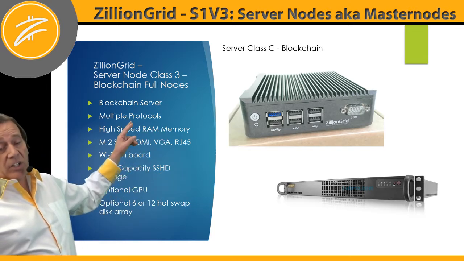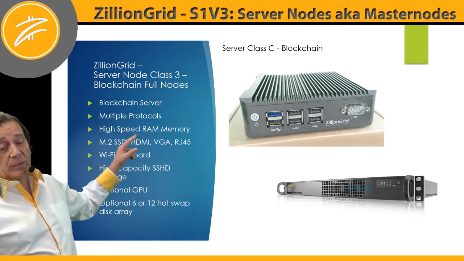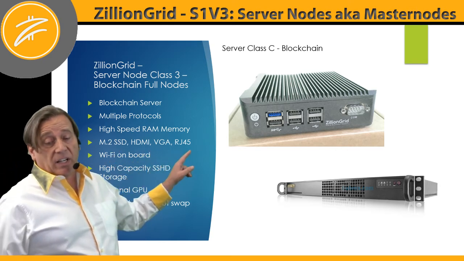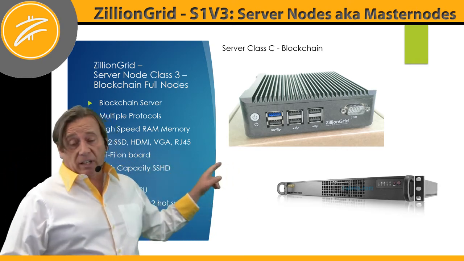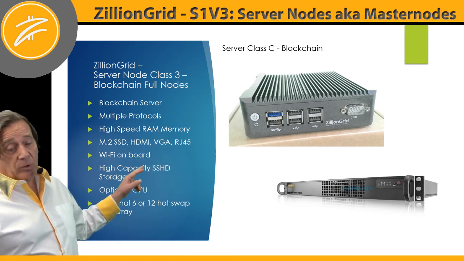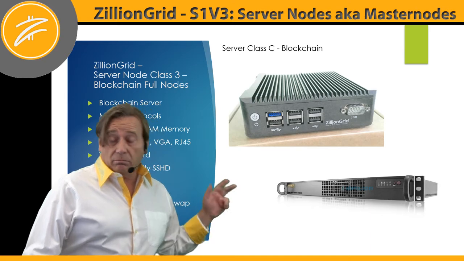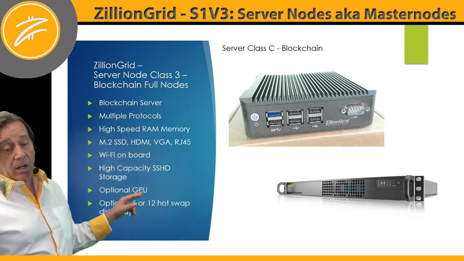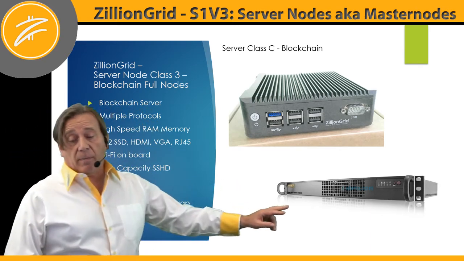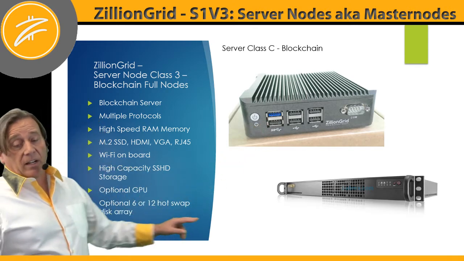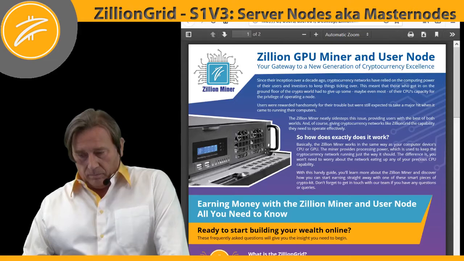So these are blockchain full nodes, multiple protocols, high-speed RAM, M.2 SSD, HDMI, VGA, RJ45 if you want to plug in a cable. Wi-Fi onboard, high capacity SSHD storage or SSD, whatever you prefer. Optional GPU for the rack mounted model, not for this model. And the optional disk array also for this model.